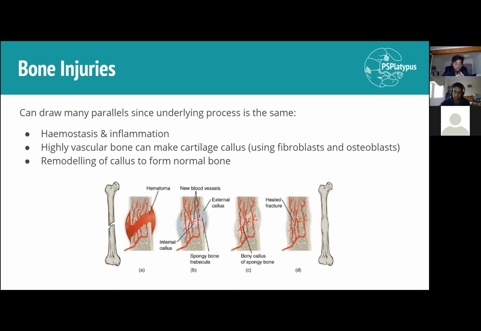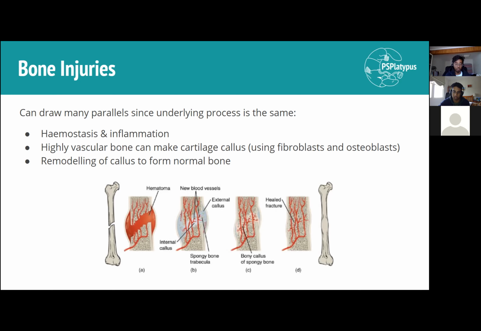And again, bone injuries, we can still draw parallels since the underlying process is the same. So hemostasis and inflammation occurs. The highly vascular bone forms cartilage callus. And the new thing here is the osteoblasts, which make a cartilaginous structure, but we still have fibroblasts.